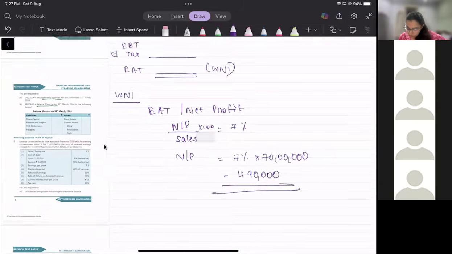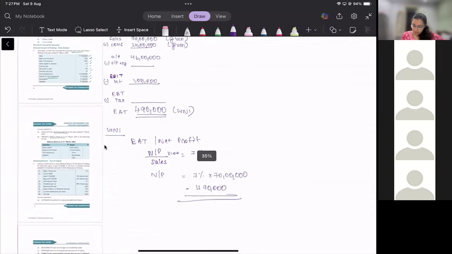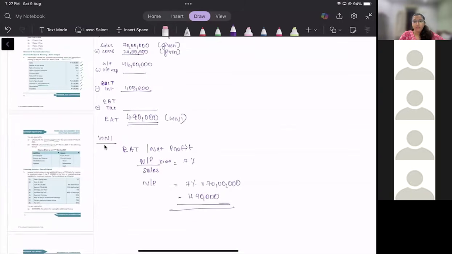So you'll get it as 4 lakh 90,000. Clear? Now, how can we proceed with this? See, this is how you actually approach a question. Whatever is given, first fill out those things. And after writing that first, think what you can do forward.